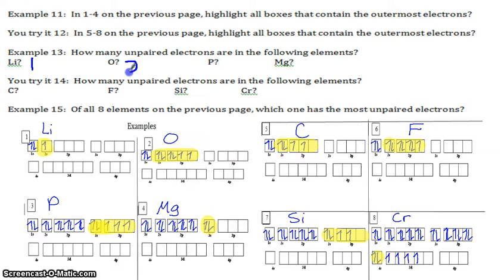So oxygen has 2. In phosphorus, we see 3 electrons that are unpaired. And in magnesium, there are 0. All of those electrons are paired up. There are no single or unpaired electrons. So now you pause it and do the same thing for the 5 through 8.